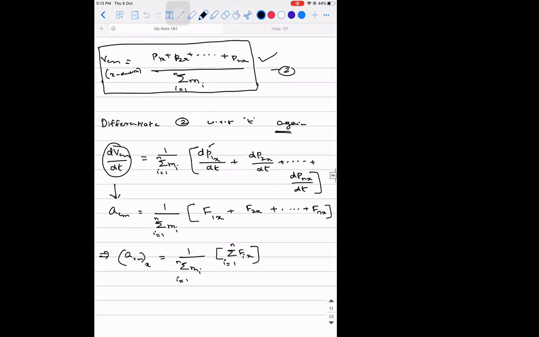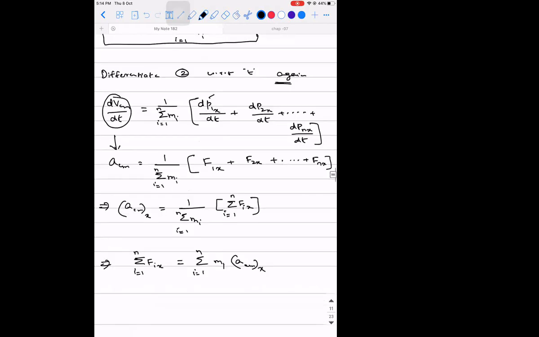So from this we can conclude that sigma Fi in x, where i is equal to 1 to n, is equal to sigma mi, i is equal to 1 to n, into the acceleration of center of mass along x direction. If you observe this, it is nothing but the total force is equal to the total mass of the system into acceleration of center of mass. What is this? F is equal to ma.